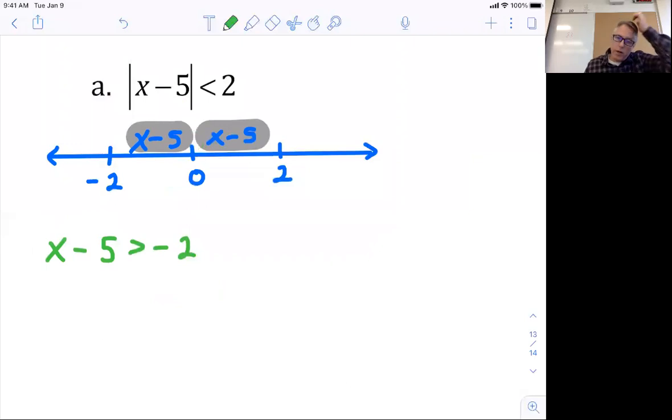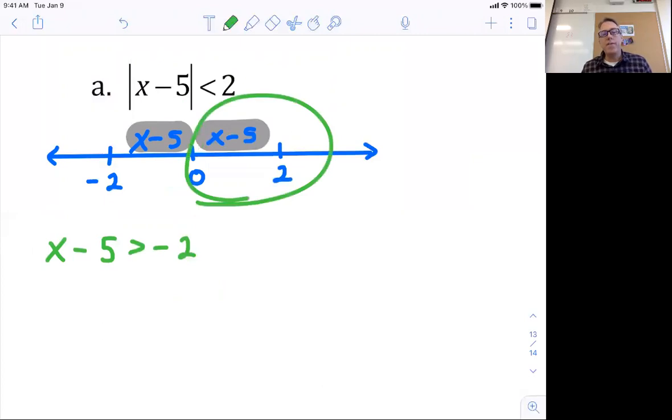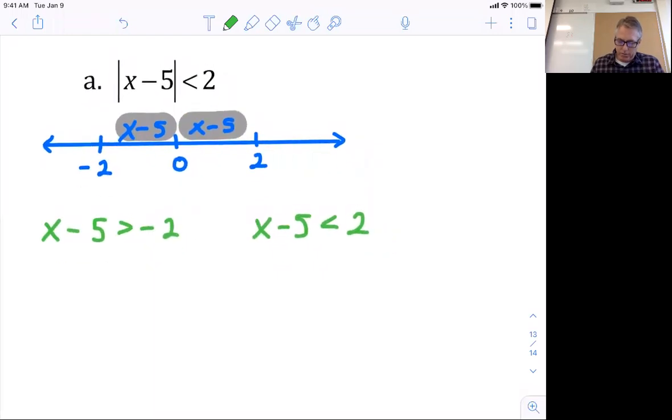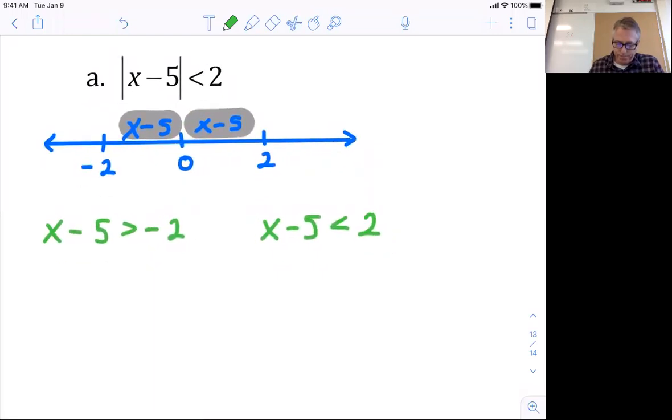My second equation, x minus 5 has to be to the left of +2, meaning less than +2. So x minus 5 is less than +2. And so when I solve these, I get x is greater than 3 and x is less than 7.